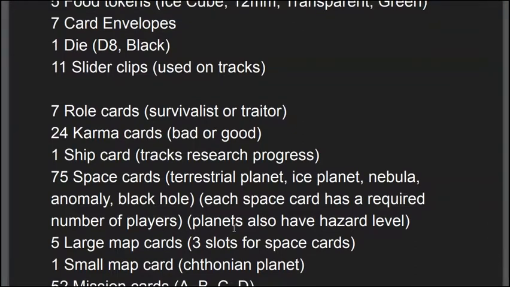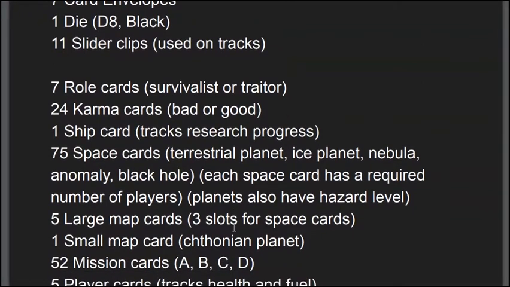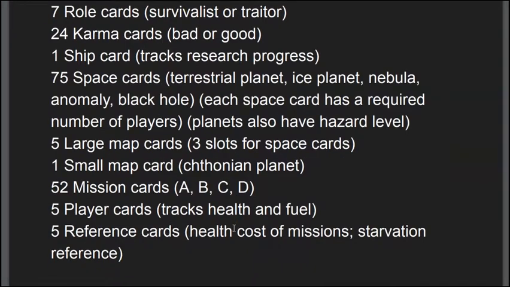So I think this could be improved if you could show me next to the name of the card what the card looks like, what maybe the back of it looks like, so that I don't have to count the cards and go, okay, these must be the roll cards because there are 7, etc. But I can quickly go, okay, here's the roll cards, this is what they look like, count them, make sure I have all the pieces and everything before I start trying to play.